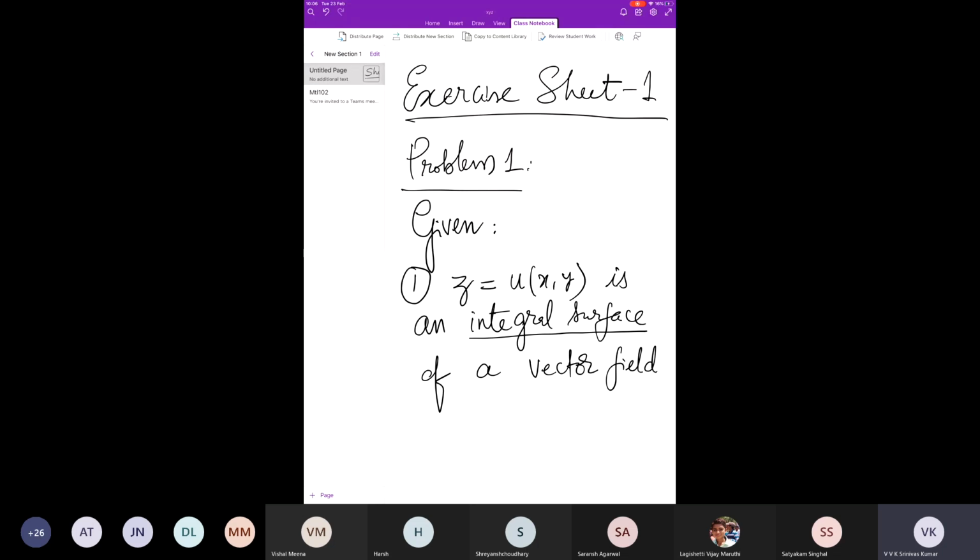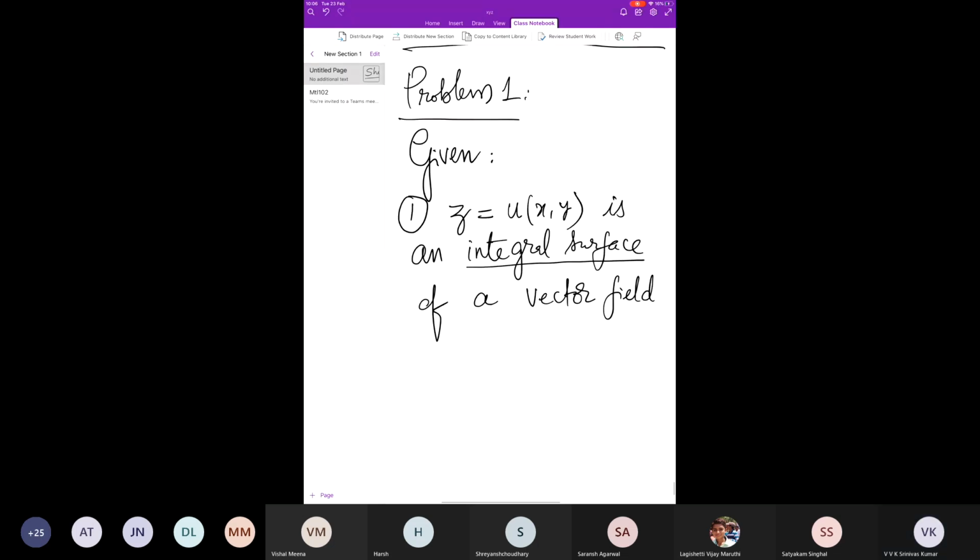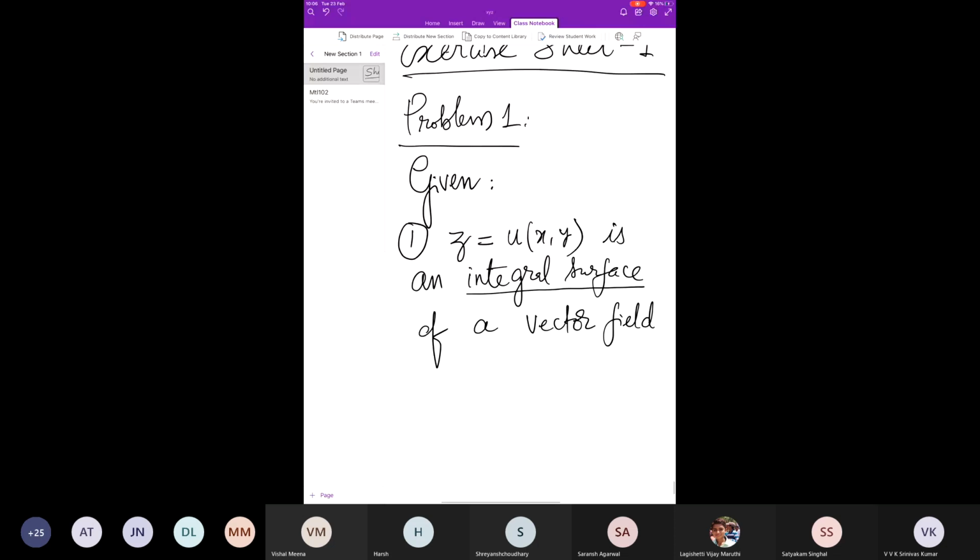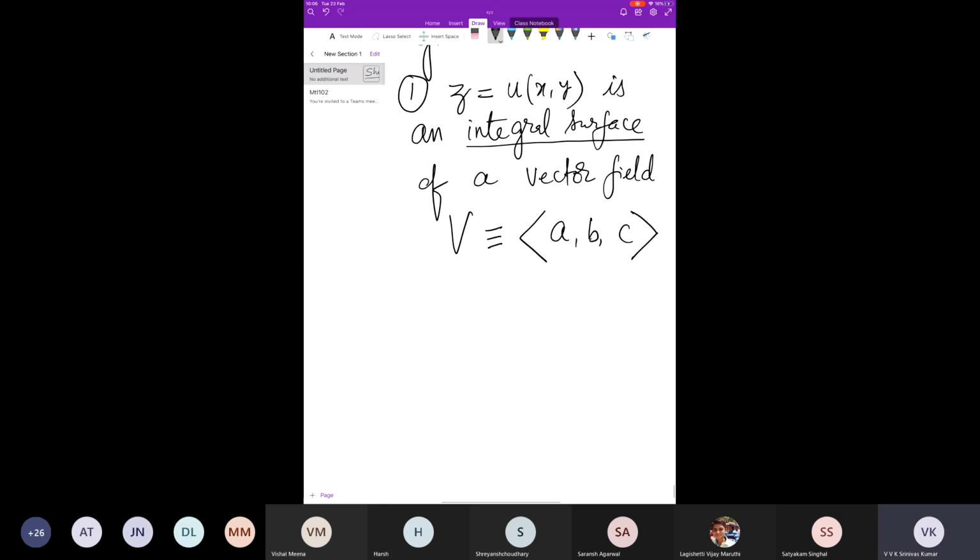Given that z is equal to u(x,y) is an integral surface of a vector field V. This is the symbol for vector field V. What is a vector field and what is an integral surface?